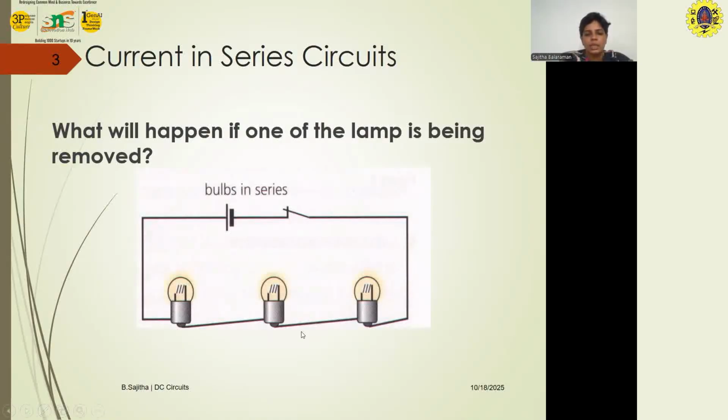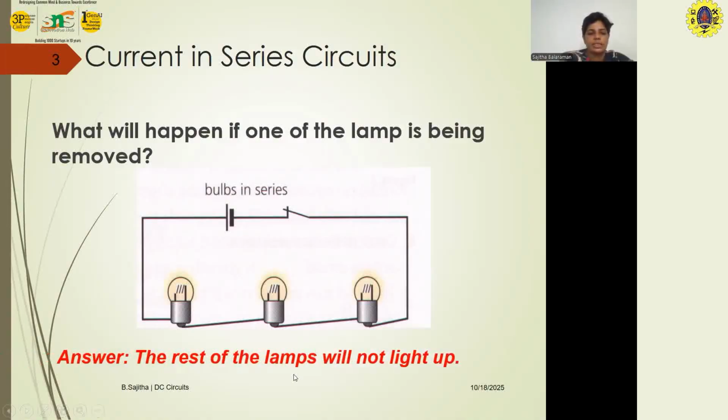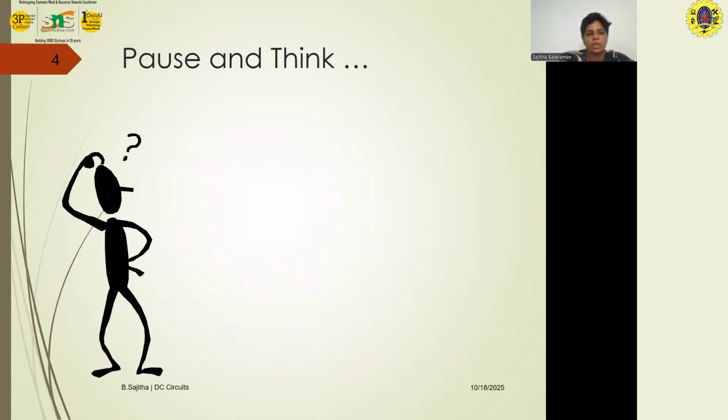We are seeing three lamps connected in series with a battery and a switch. Just assume one of the lamps is disconnected. What will happen to the other lamps? Yes, the answer is the rest of the lamps will not get the current flow, and hence all the lamps will turn off. Just pause and think.